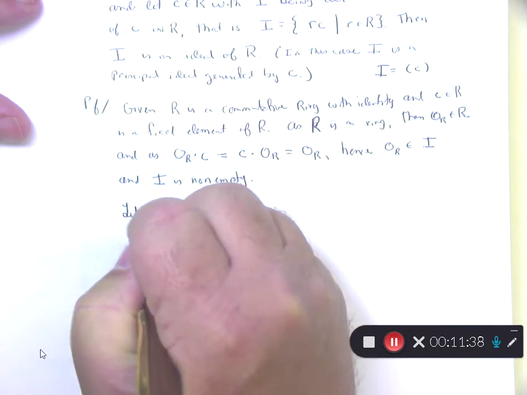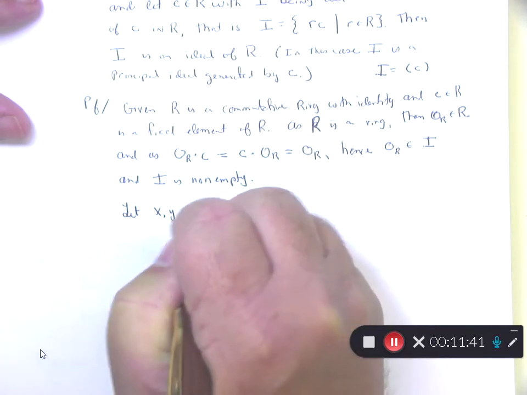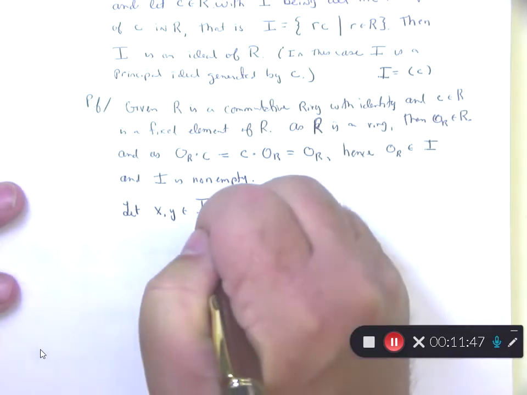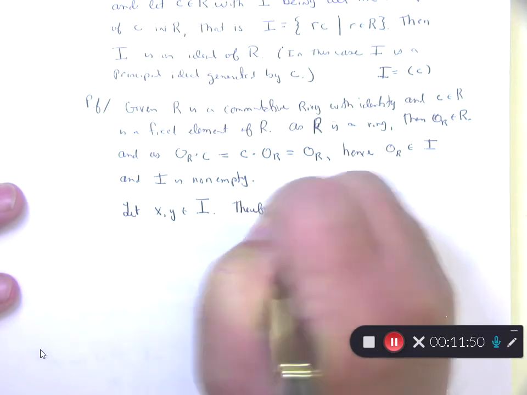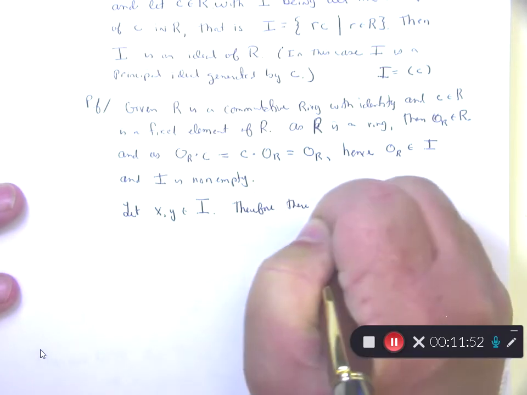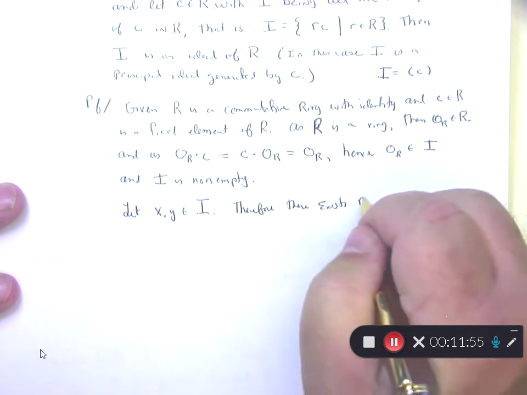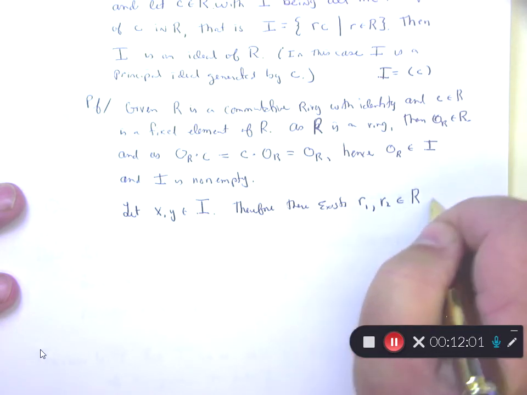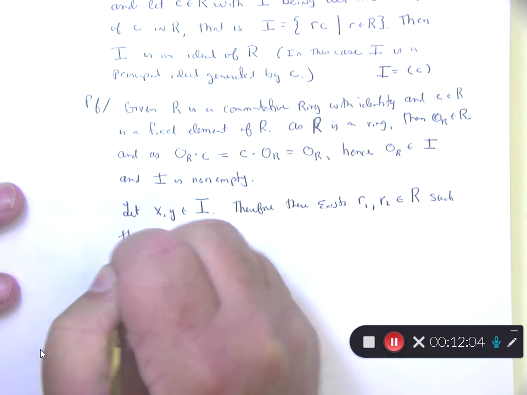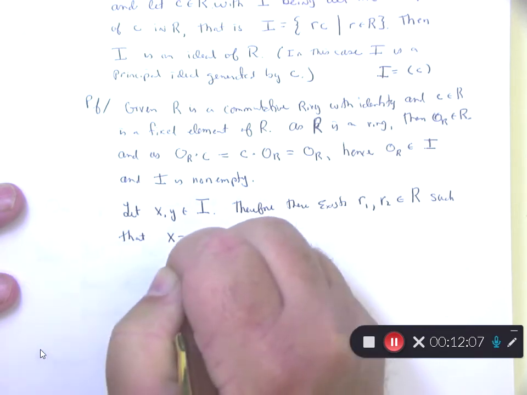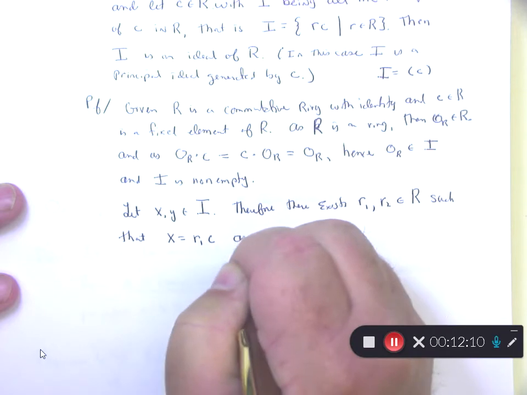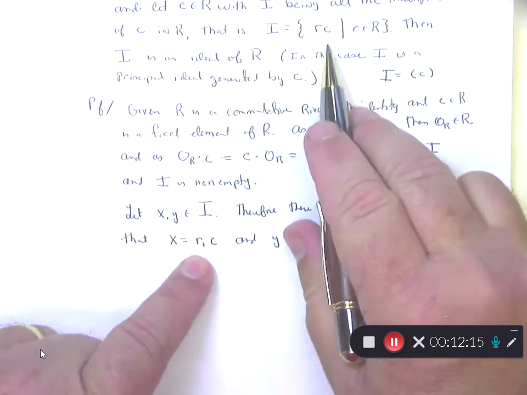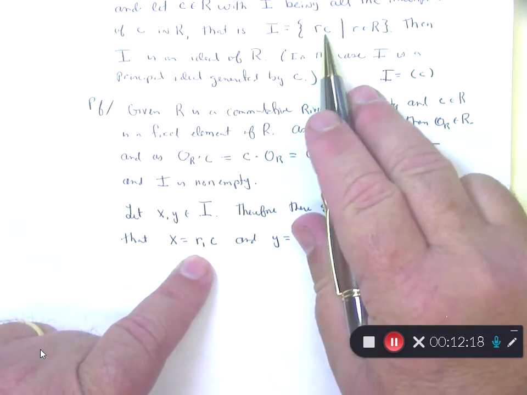Let x and y be elements of I. Therefore, there exist, great time for subscripts, r1 and r2 elements of R, such that x is equal to r1 times C and y is equal to r2 times C. That's what you look like to be inside of I. You look like r times some C element.